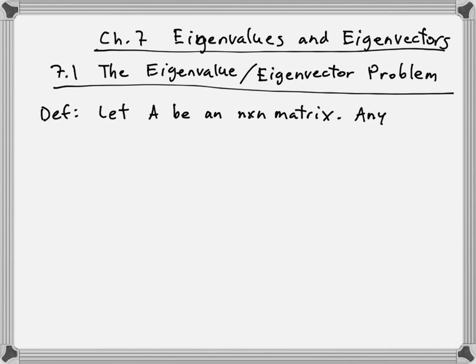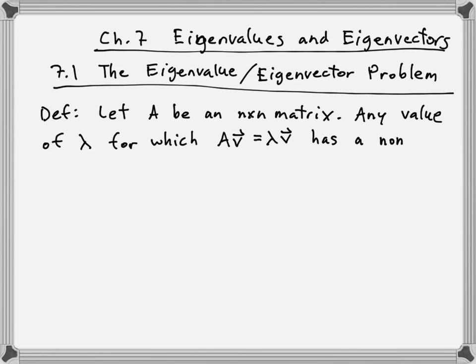Any value of lambda for which A times V is equal to lambda times V has a non-trivial solution, and just to remind you, non-trivial really means non-zero.